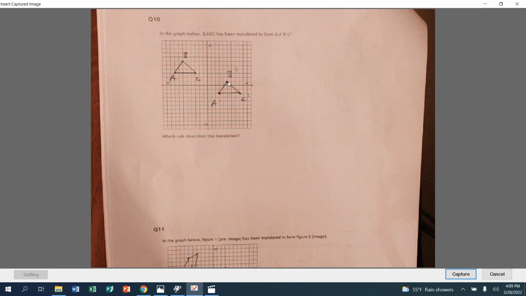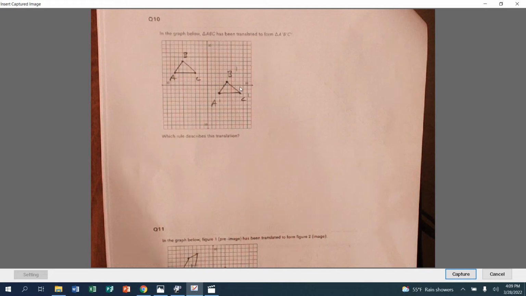Number 10, I would like you to draw these exactly. A is negative 8, 3. B is negative 6, 6. And then the new A prime is 3, negative 2, B prime is 1, 5.